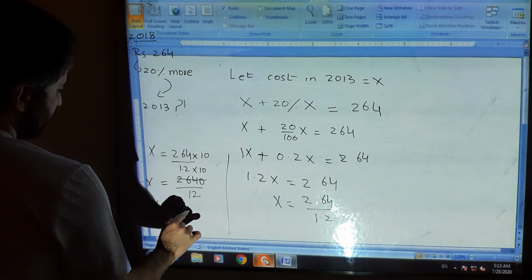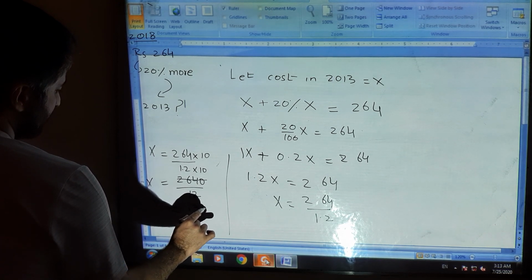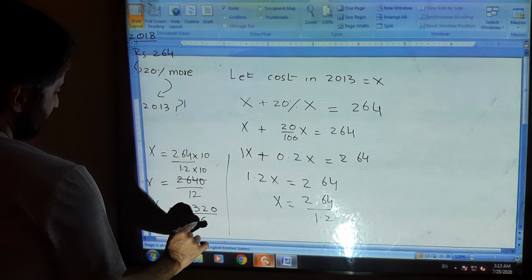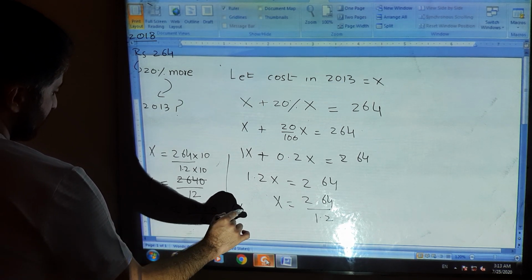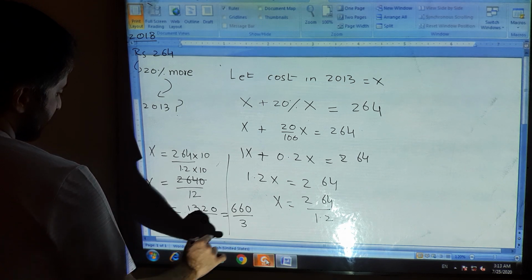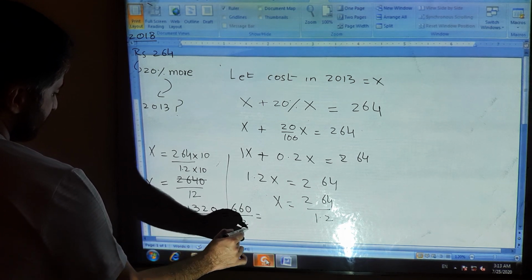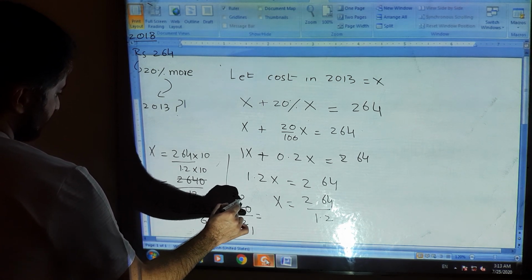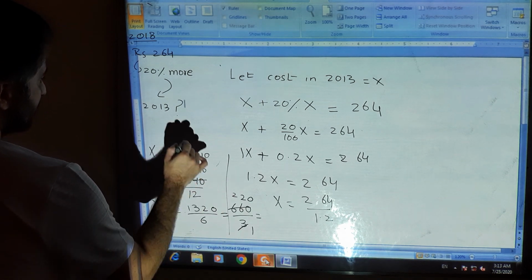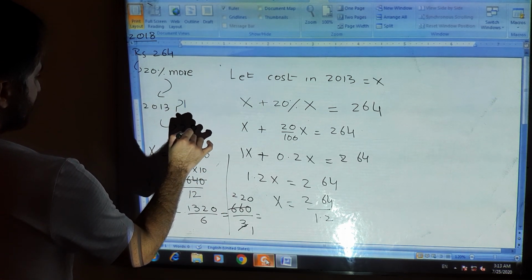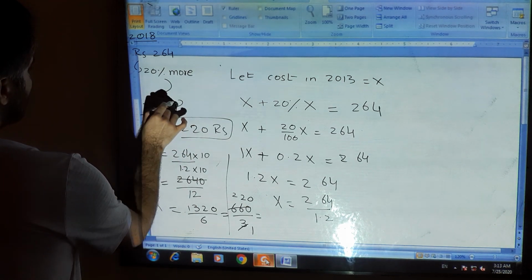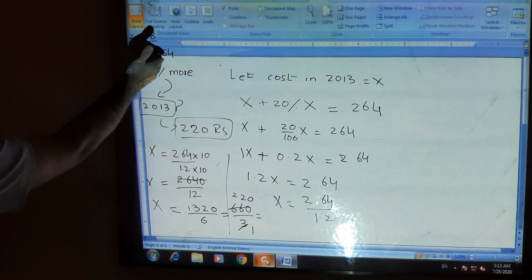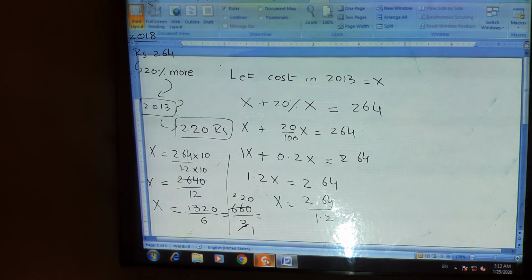Further simplification gives 220. 220 rupees was the cost in 2013. That was increased and became 264.